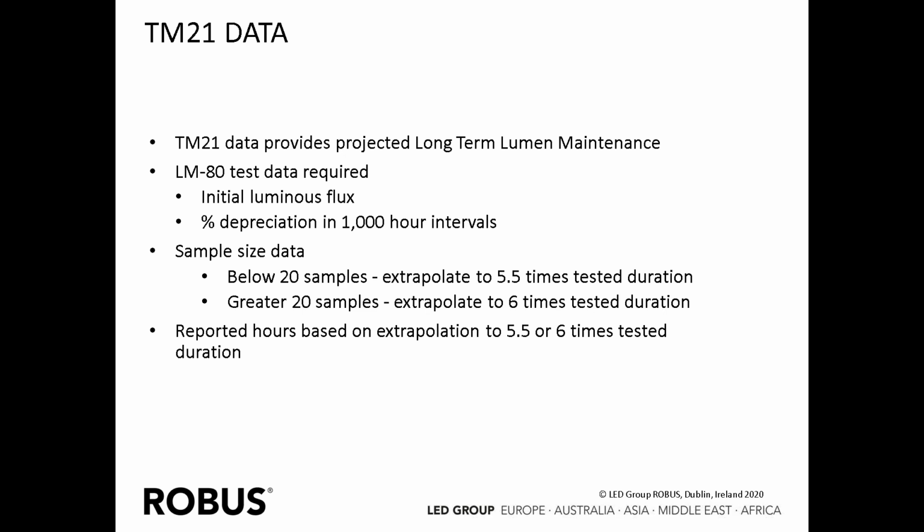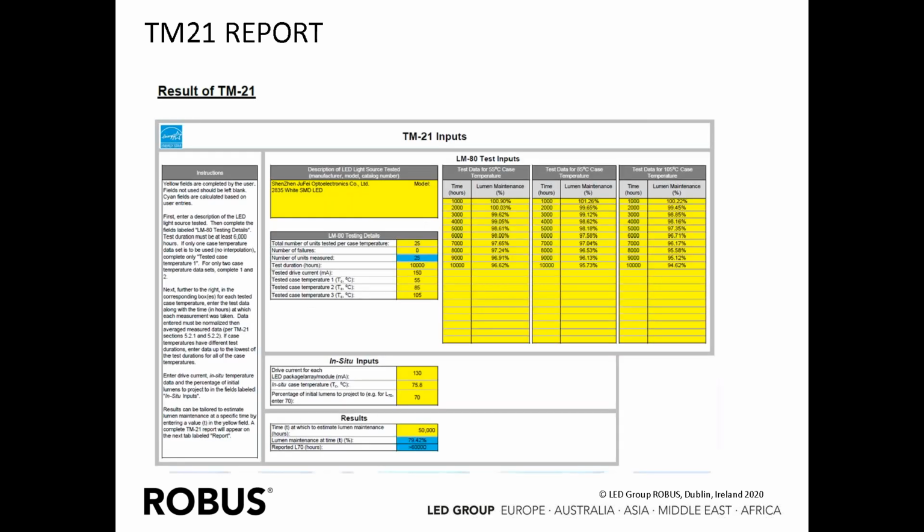So if it was a 10,000 hour test duration, 5.5 times would be 55,000 hours as the maximum. If it's greater than 20 samples, then we can extrapolate to 6 times. 6 times 10,000 hours is 60,000 hours. So reported hours are based on extrapolation to either 5.5 or 6 times the tested duration.